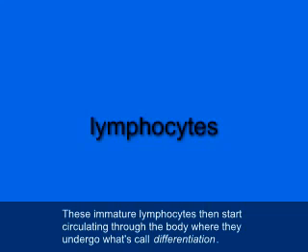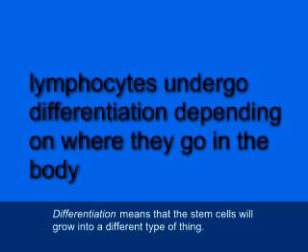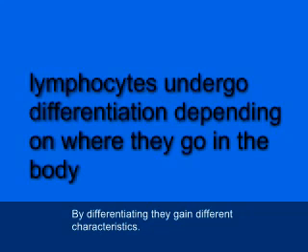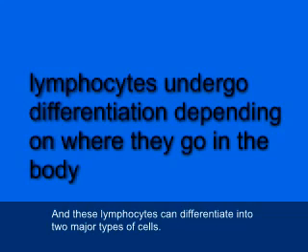These immature lymphocytes then start circulating through the body where they undergo what's called differentiation. Differentiation means the stem cells will grow into a different type of thing. By differentiating, it gains different characteristics. And these lymphocytes can differentiate into two major types of cells.